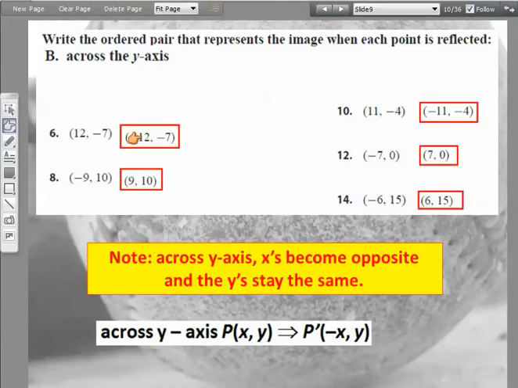You can see here how your x's became the opposites, your y's stayed the same, and I put the same kind of little note down here. Whenever you're going across the y-axis, x's become opposite, y's stay the same. And just remember, when we're talking about opposite, that means the opposite sign. If it was positive, it's going to be negative. If it was negative, it's going to be positive.